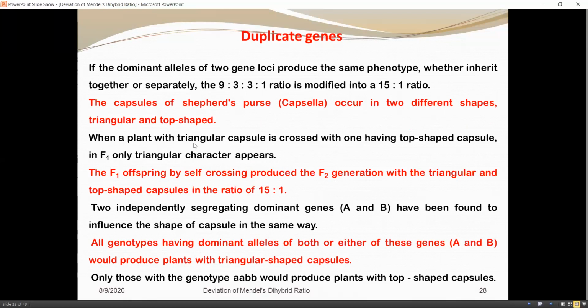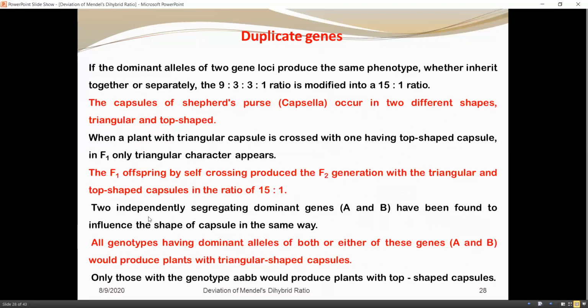When a plant with triangular capsule is crossed with one having top-shaped capsule, in F1 triangular character appears. The F1 offspring by self-crossing produced the F2 generation with triangular and top-shaped capsule in the ratio 15:1.